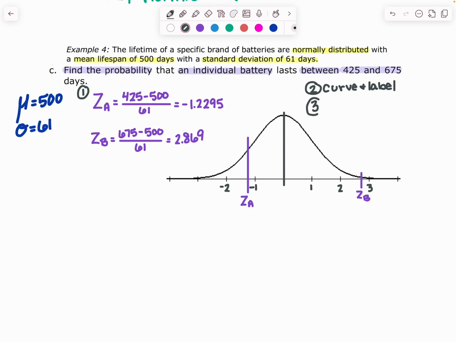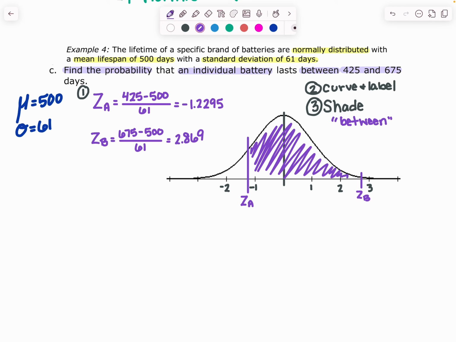Step 3 is to shade, and our keyword here is between. We're going to shade everything between ZA and ZB. There we go.